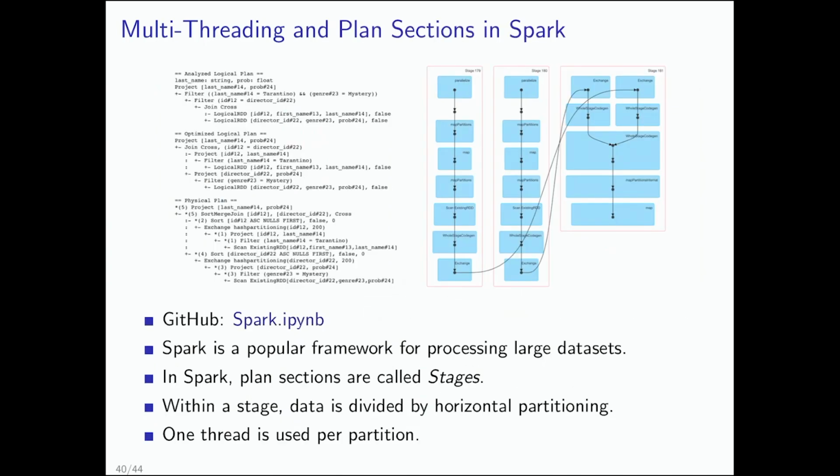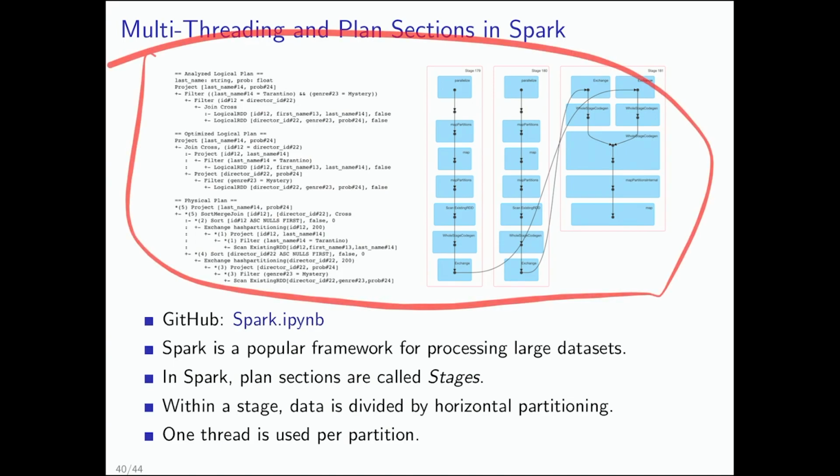Maybe just to wrap up, going back to this big data term I mentioned at the beginning of the lecture: if you have really large data sets, sometimes referred to as big data, one of the most popular systems in that space is called Spark. When you look at the explain analyze, the plans that are being generated, and here's an example on the slide, you see each and every element I explained in this lecture.